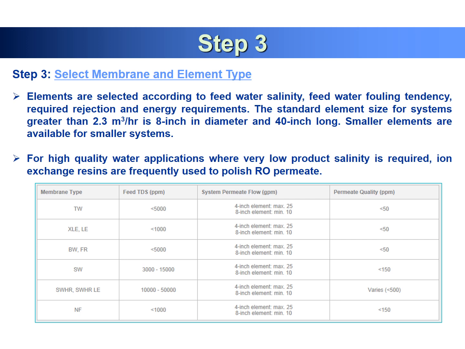For high quality water application where very low product salinity is required, ion exchange resins are frequently used to polish out permeate. So if we still have a high concentration of salt in the permeate, we can also utilize the ion exchange resin to completely remove the minimum concentration of salt.